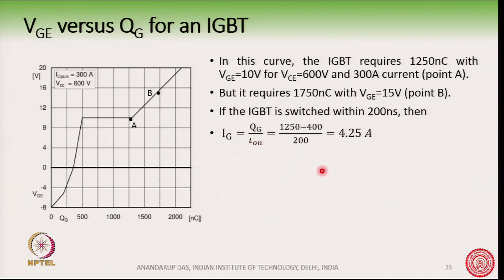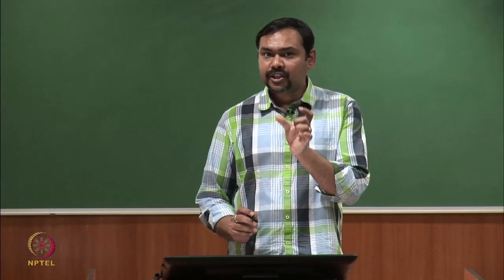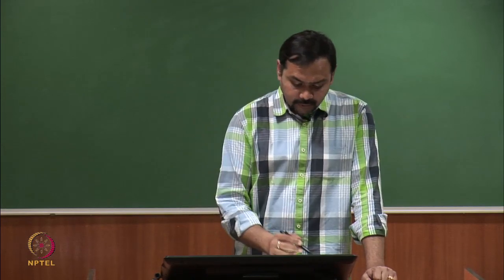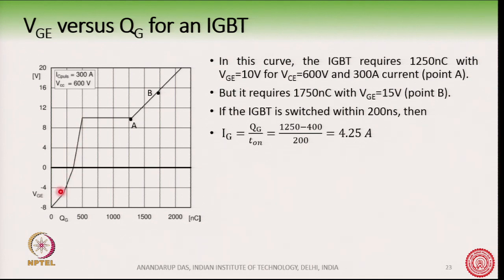As I told you, the main switching transition is from stage 2 to stage 3. In this characteristic, stage 2 starts somewhere around here, and this is of course stage 3, and going up here is the last stage.